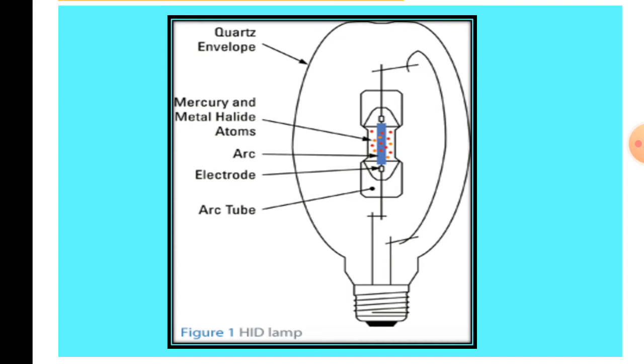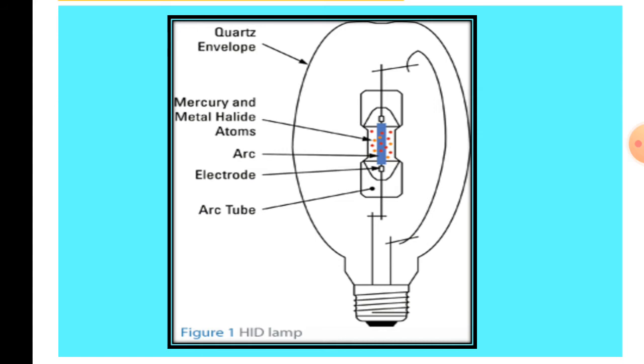So this lamp is known as a mercury halide or metal halide lamp. It has a short arc tube. Inside it there are a series of combined metal halide atoms within a single arc tube with output characteristic of a different mixture of elements.